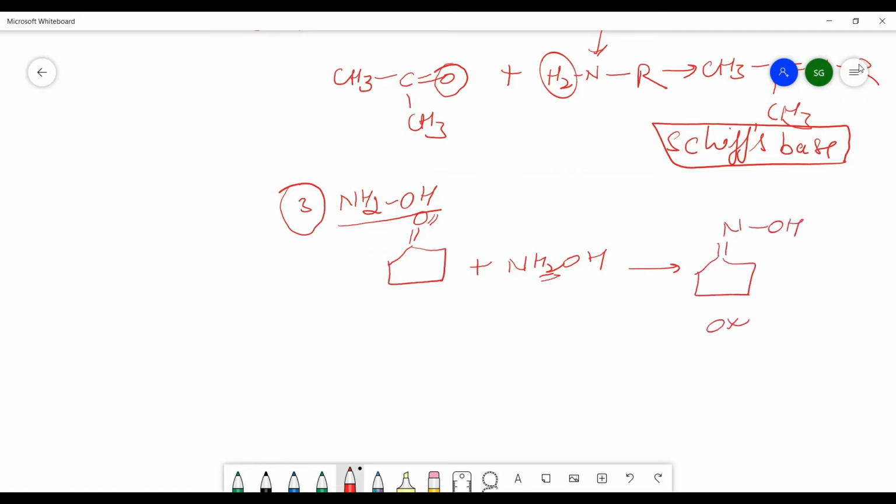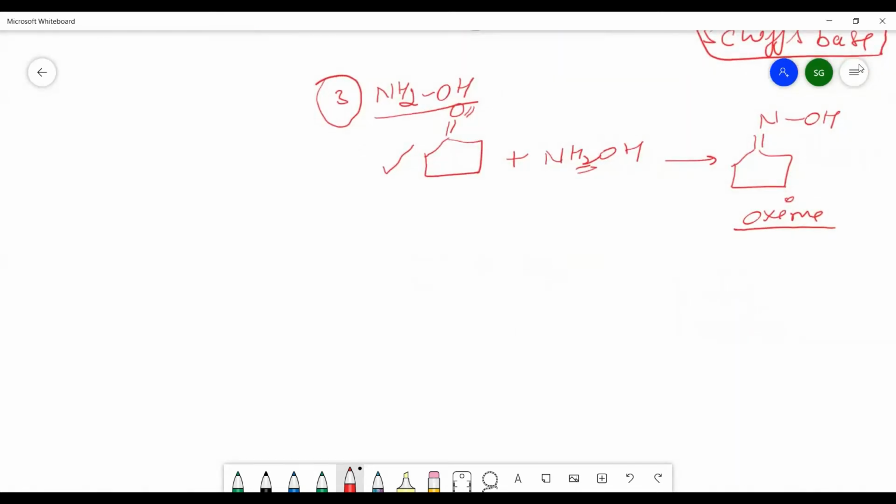And this product formed will be known as oxime. What is that? Oxime of cyclopentanone. That kind of question is there in NCERT: how will you form the oxime of another aldehyde or ketone? So oxime means the aldehyde or ketone reacts with hydroxylamine. Now next we will discuss another compound, that is NH2NH2, and the name of this compound is hydrazine.